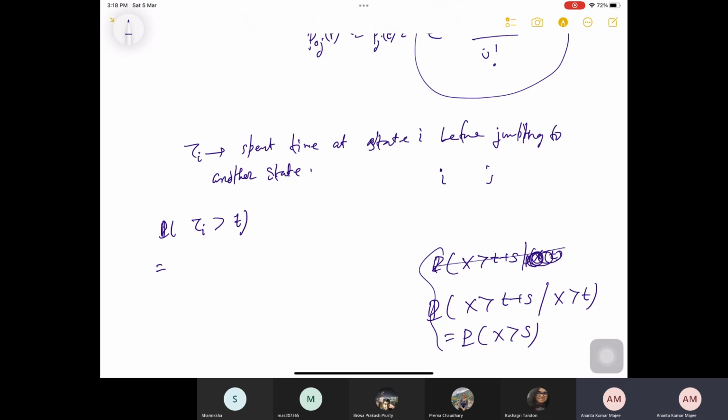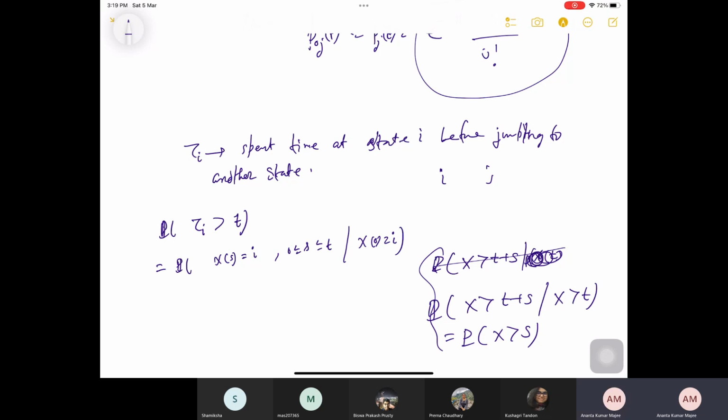Starting with state i, this is nothing but the probability of x of s equal to i for all times 0 less than or equal to s less than or equal to t, starting with x0 equal to i, is it not?